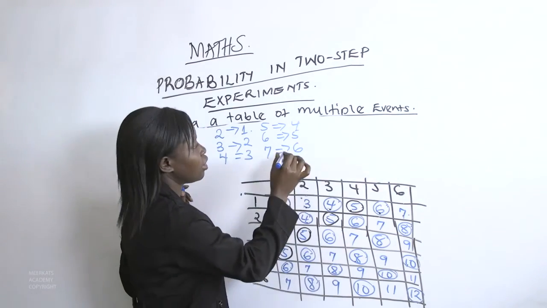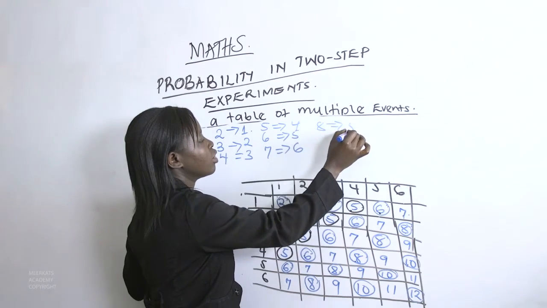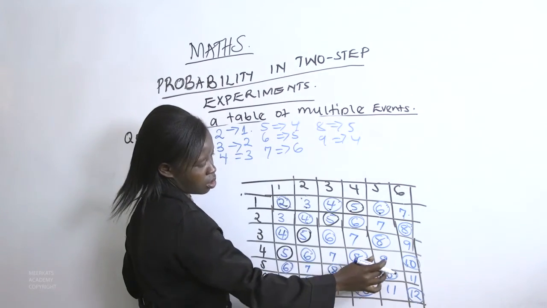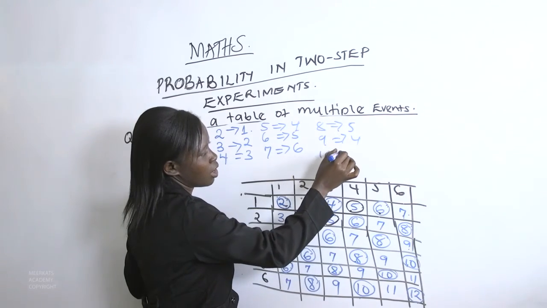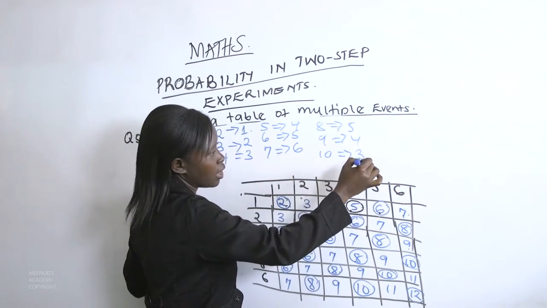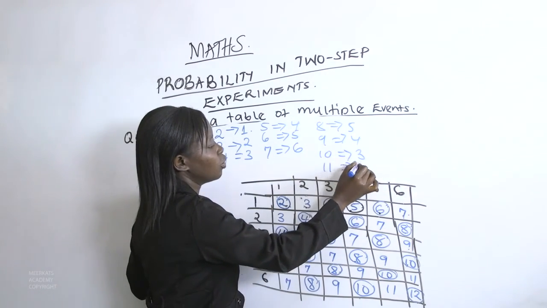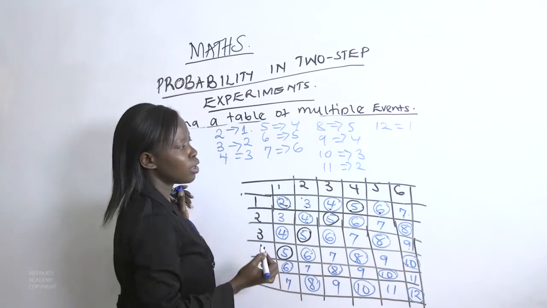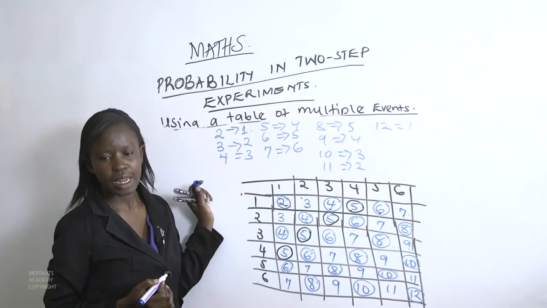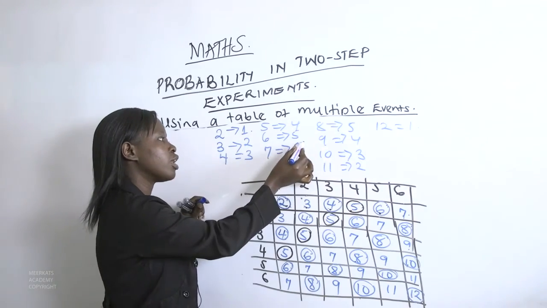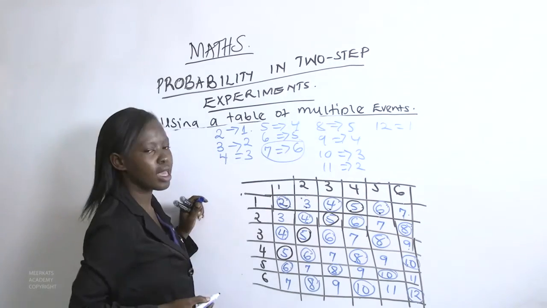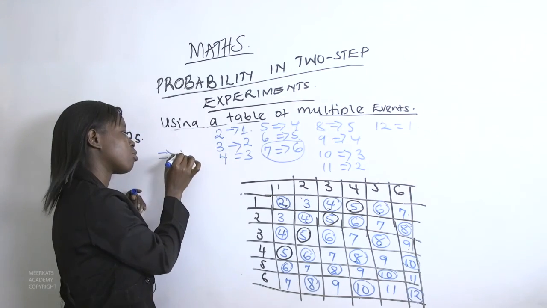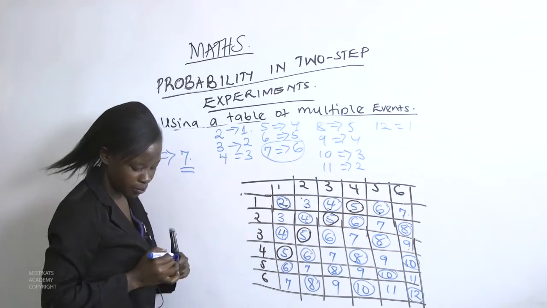Then 8 we have 5. 9 we have 4. 10 we have 3. 11 are 2 and 12 1. So which one is the most likely sum that has occurred? We find that 7 has occurred the highest number of times. So we say the most likely sum that has occurred is 7.